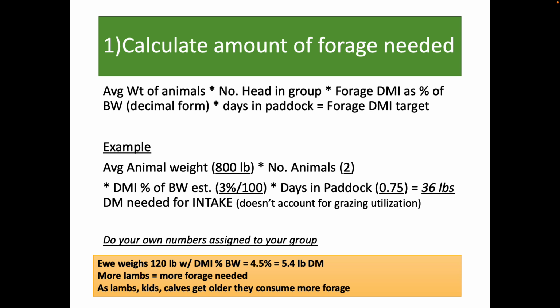Now you jump down to step number 2. Brittany went out and sampled the paddock areas, and she estimated that above 2 inches, where she clipped, there was 1,700 pounds of dry matter per acre. Now we're in the spring, and I want to leave a little more residue than 2 inches. So we're going to drop that down 200 pounds, because there's about 200 pounds of dry matter per inch.